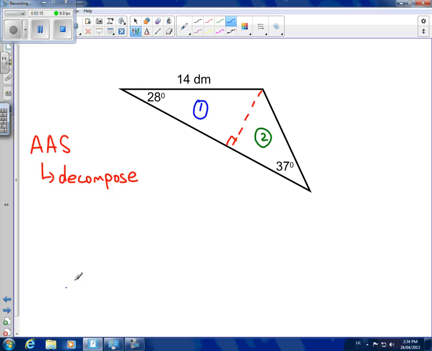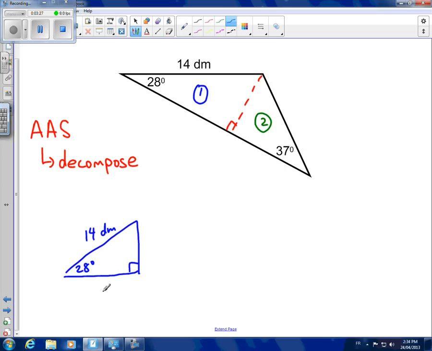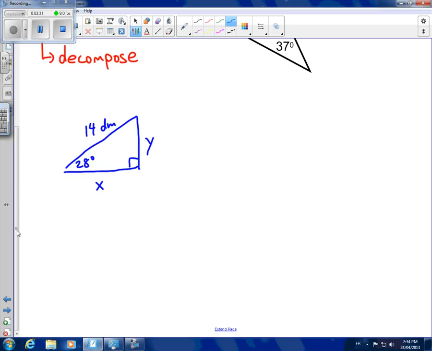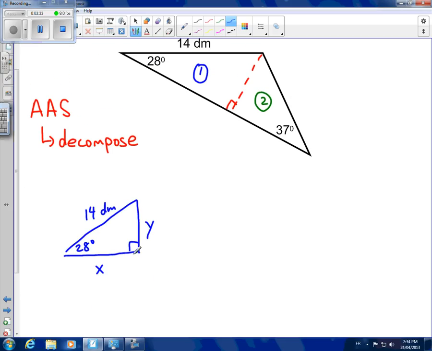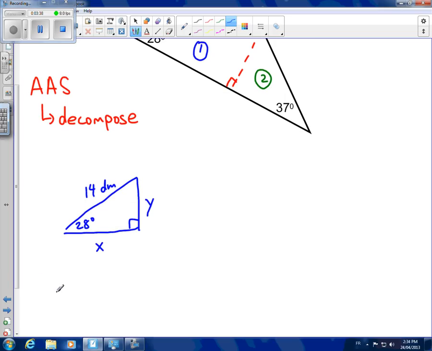So triangle 1 has a 28-degree angle and a 14 decimeter hypotenuse. I want both of these sides, so I'm going to call them x and y. Now I just need to use an appropriate trig ratio to find the value of x and y. Starting with x: x is adjacent to 28, and 14 is the hypotenuse.